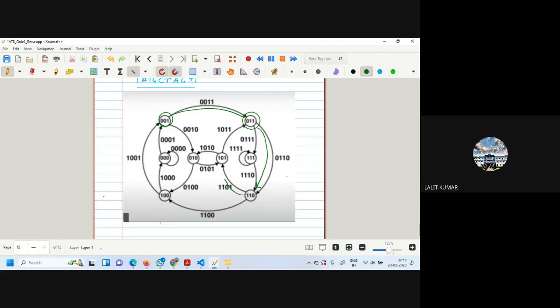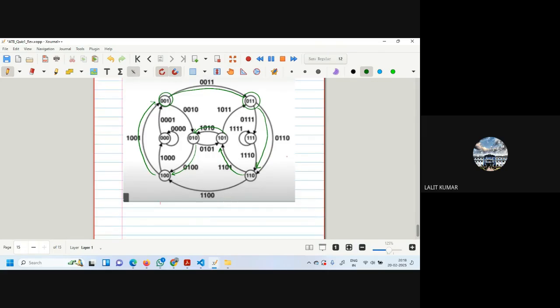From 1, 1, 0 we go to 1, 0, 1, then to 0, 1, 0, then 0, 1, 0, 0, and finally we come back to this node. So we have made this route: 0, 0, 1 to 0, 1, 1, to 1, 1, 0, to 1, 0, 1, to 0, 1, 0, to 1, 0, 0, and to 0, 0, 1. So this is one path we have found.